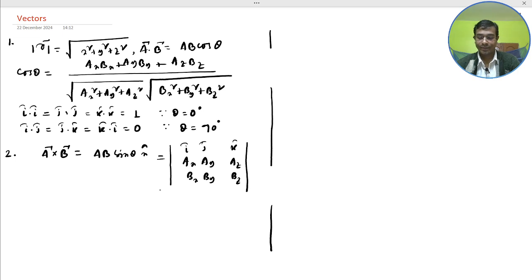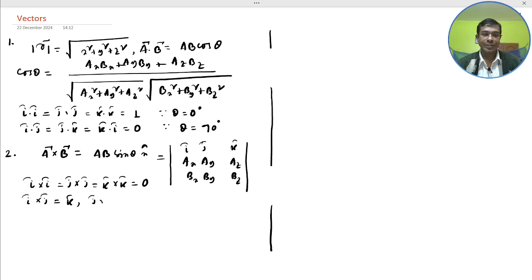So here i cross i is equal to j cross j is equal to k cross k, which is 0 because theta is 0 degree, and for unlike, i cross j is equal to k, j cross k is equal to i, and k cross i is equal to j because theta is 90 degree. This is for i, j and k in clockwise order.